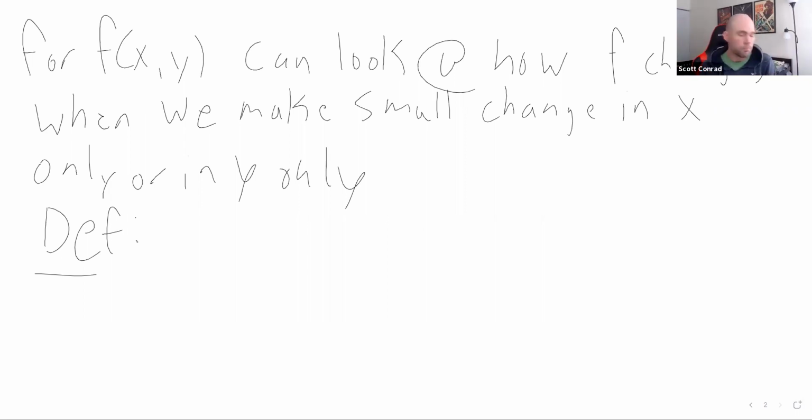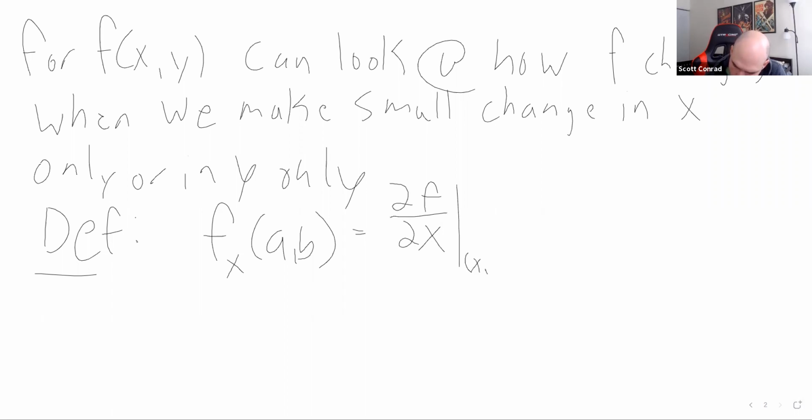So here's the partial derivative. It's basically the same thing as the derivative, but now we have two variables and we leave one of them fixed. Okay, so the partial derivative of f with respect to x at (a, b), which we can also write as df dx at (a, b), but notice I'm using a rounded, a fancy d, if you will.